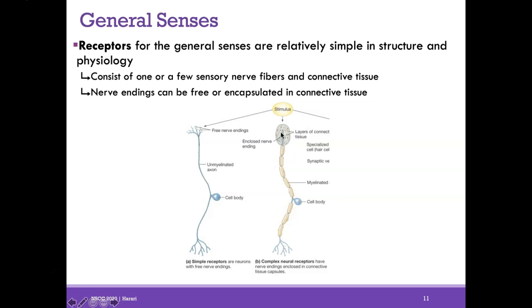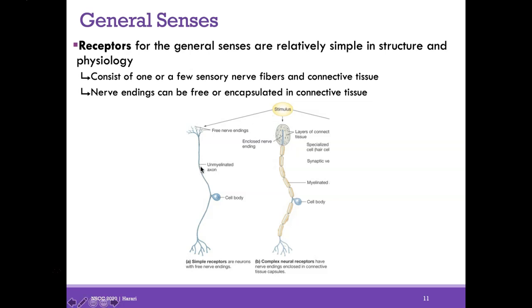What this usually does is enhance the sensitivity of the nerve fiber, or make it more selective with respect to which modality it can respond to. So these encapsulated nerve endings are usually more complex and more sensitive.